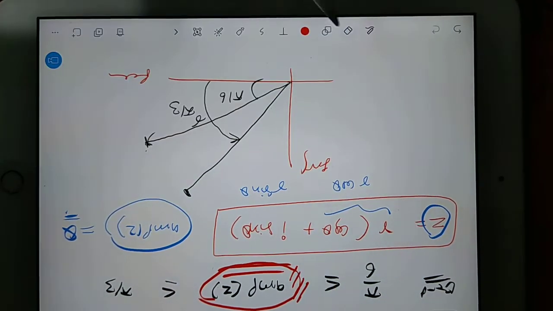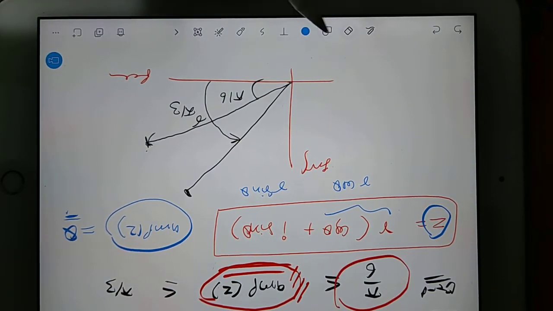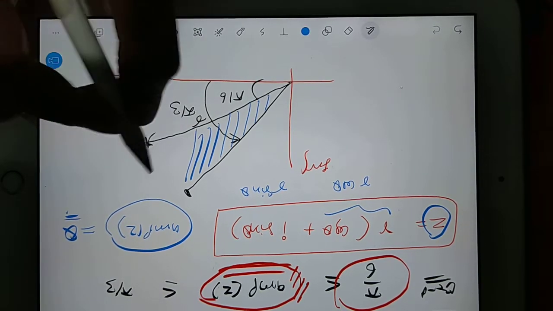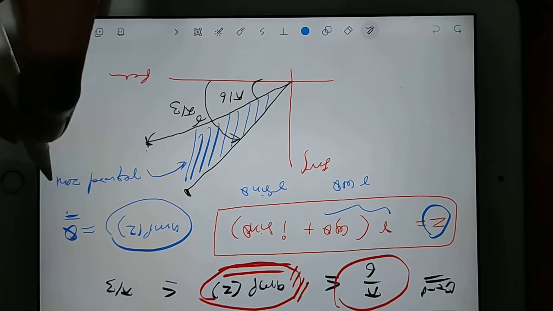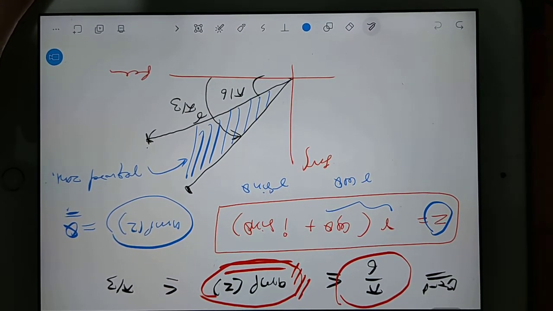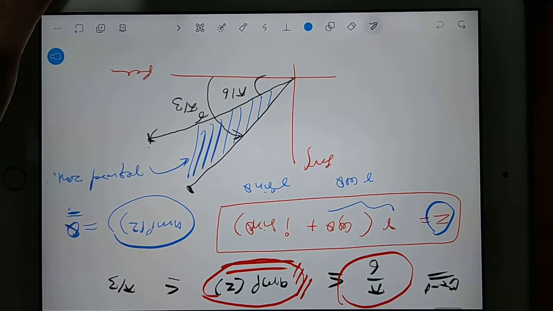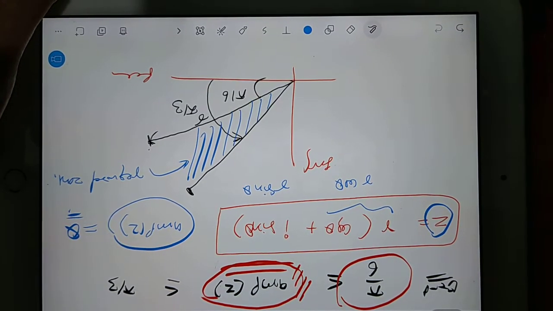I hope it's clear. So only the middle zone will be your required answer. This is your required zone. Both represent theta.